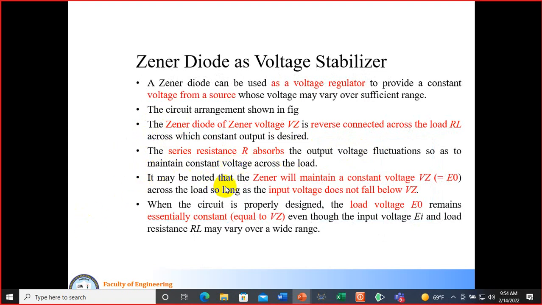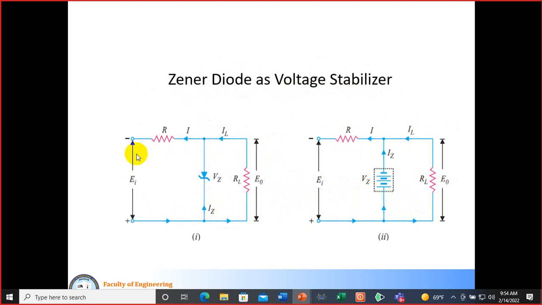It may be noted that the zener will maintain a constant voltage VZ, equal to E0, across the load so long as the input voltage does not fall below VZ. So that's the one point to keep in mind: the input voltage should not fall below VZ.